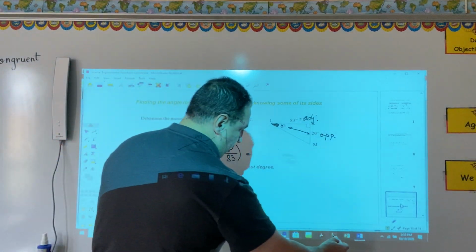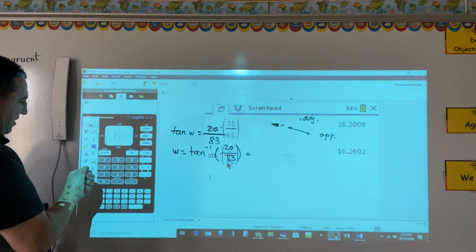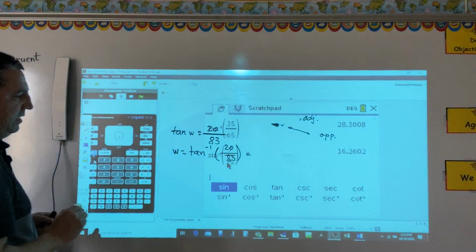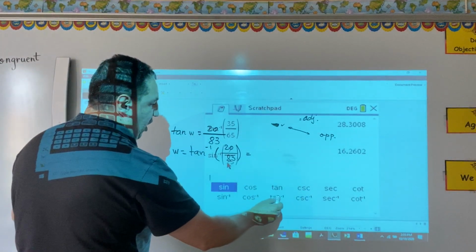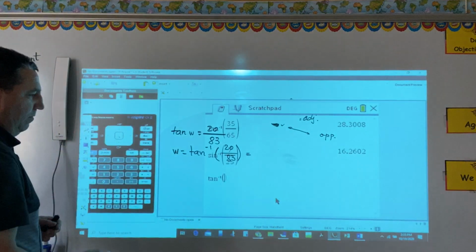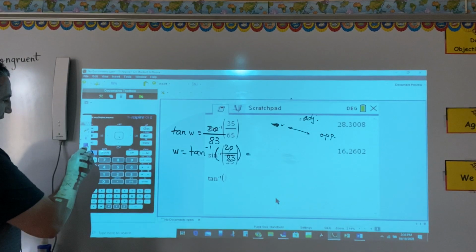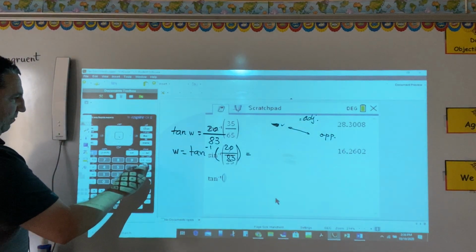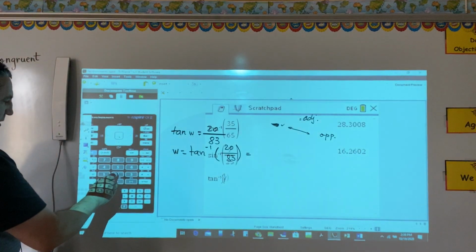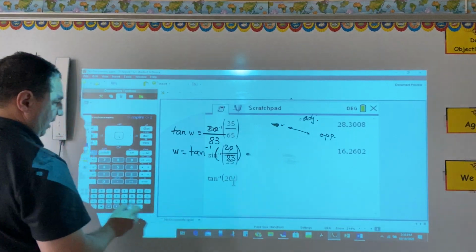Again, we press trig, then we click on inverse of tangent, then we type the ratio of 20 and 83. Control, divide, on top is 20, in the bottom is 83.